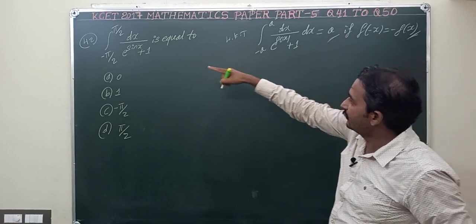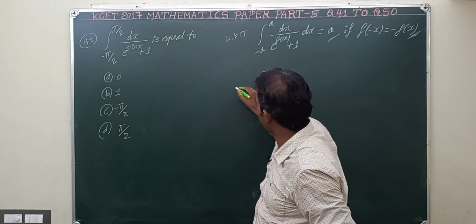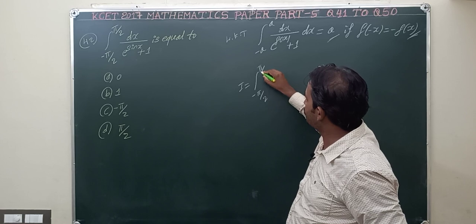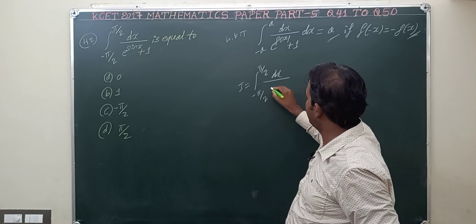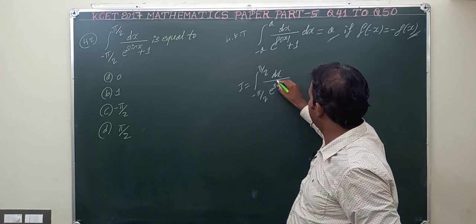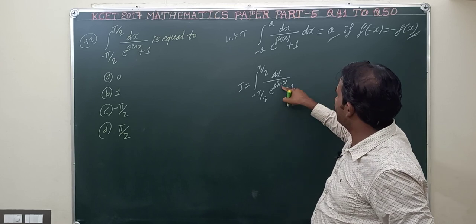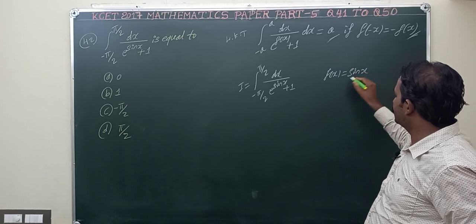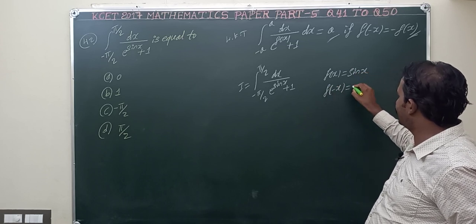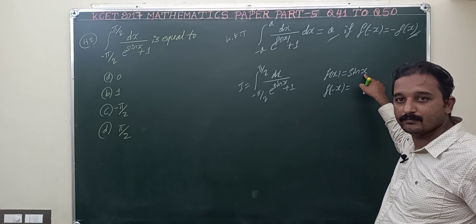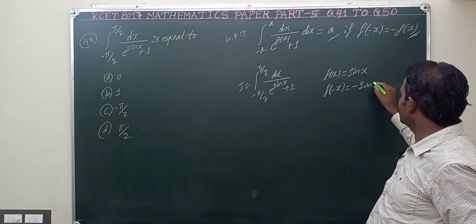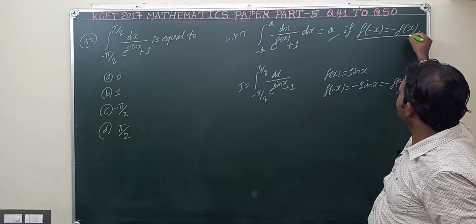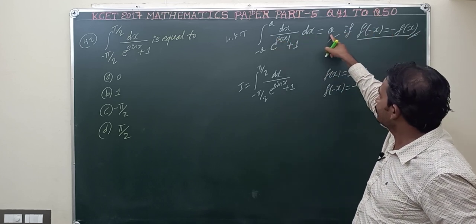So here we take I is equal to the integral from minus pi by 2 to plus pi by 2 of dx divided by e power sin x plus 1. Here f of x is sin x. So f of minus x is sin of minus x, which means minus sin x. So this can be written as minus f of x. So using this condition, the answer of this question is a.